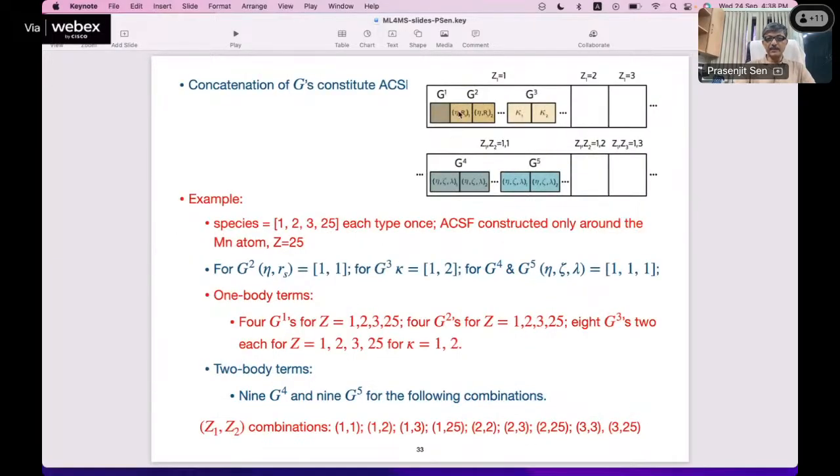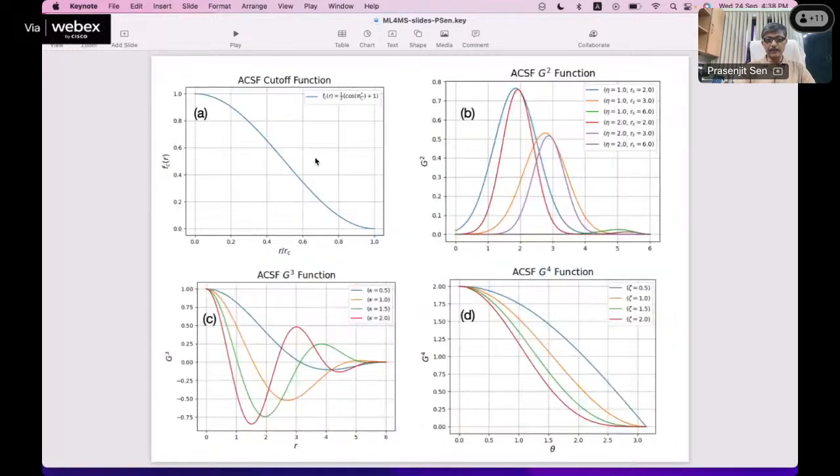After that, you have these eta and RS parameters governing G2 and this kappa parameter governing G3. You can have one set of eta RS, or multiple sets of eta RS, for the same material in the same calculation. Same for kappa: you can use one kappa or different values of kappa and construct the features.